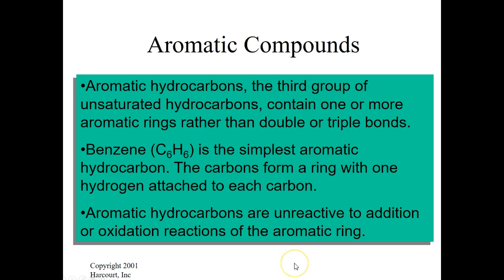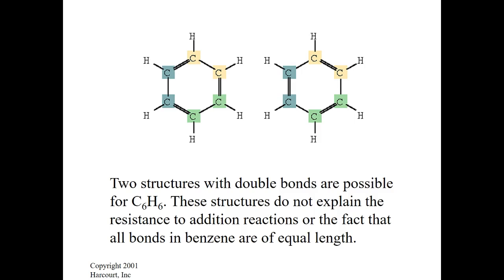Aromatic carbons are a circle of 6 carbons, and it's very, very stable because of the electron cloud. The ring itself is unreactive, but you can have things attached to that ring that are reactive. So here's what the benzene ring looks like. Remember, there's going to be different words that mean the same thing: aryl, benzene, phenyl.